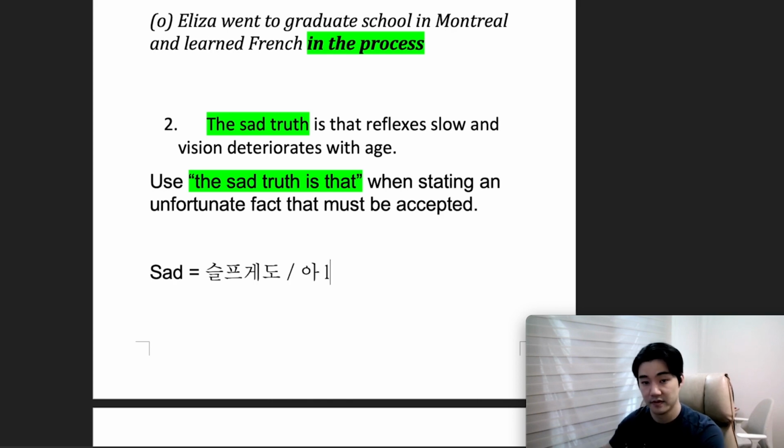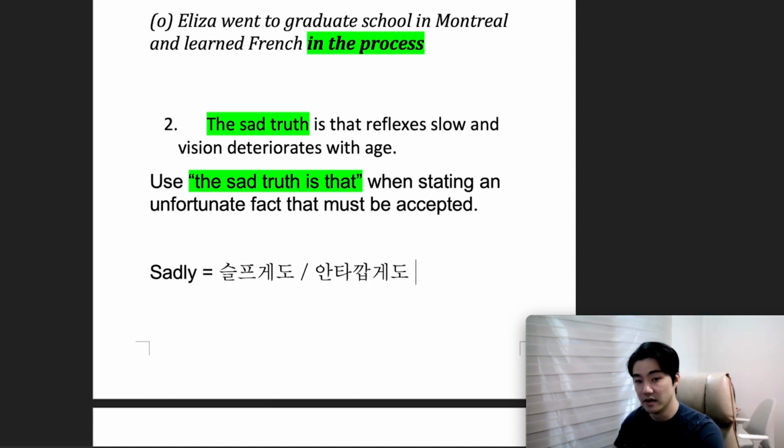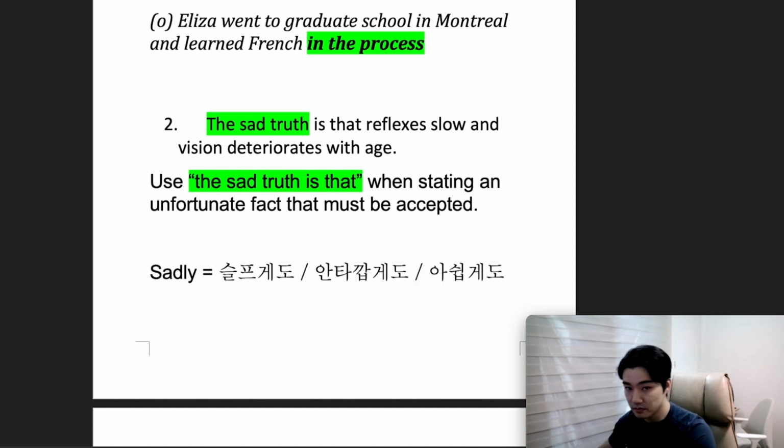Sadly. 슬프게도, 안타깝게도. 아쉽게도. This expression can actually be interchanged.